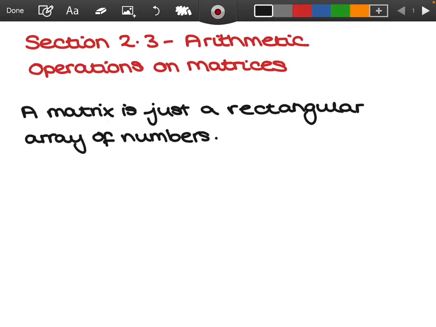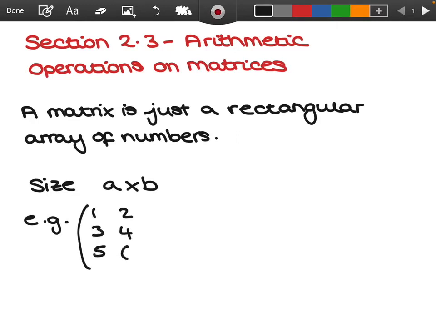Just as general notation, whenever we refer to the size of a matrix, it's always given in terms of row by column. So when you look at the size, it's going to look like A times B. We actually call this A by B. So for example, if we have this matrix, I'm just going to make up a random matrix here.